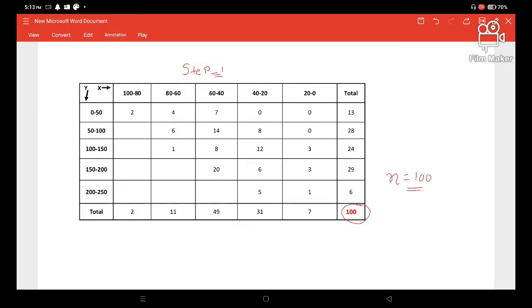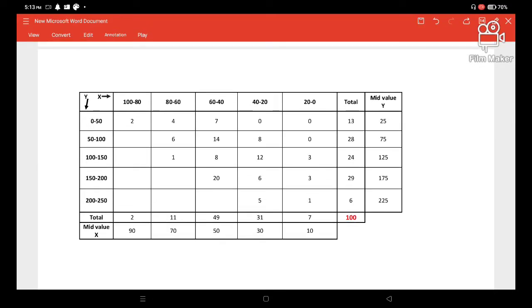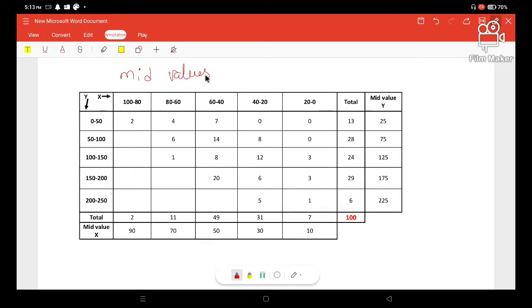Let's move further to the second step. In step 2, we need to find the mid values of x and y. As I said, these are variable y, so all the calculations of y will be made here, and this is variable x, all the calculations of x will be made here.